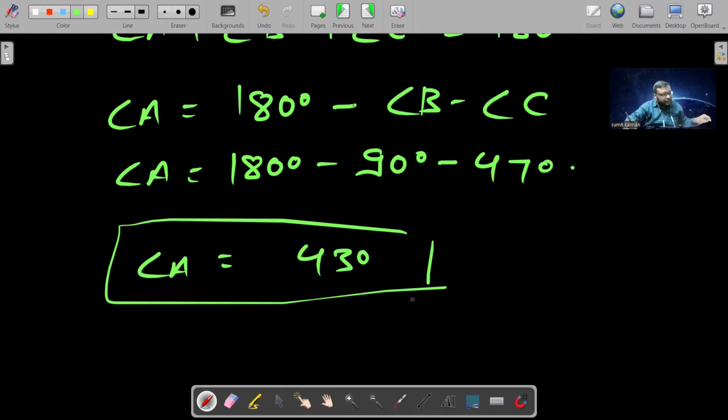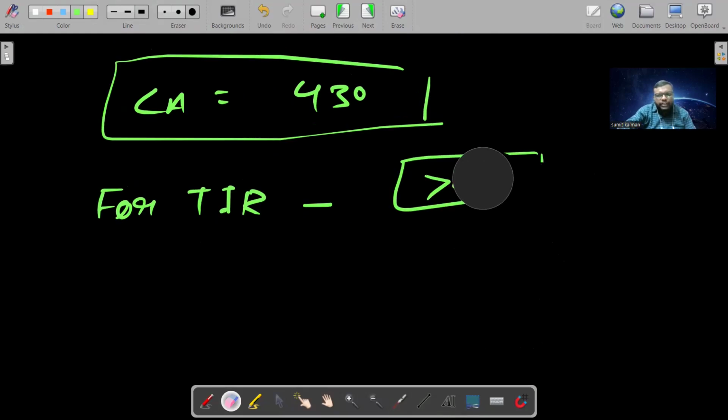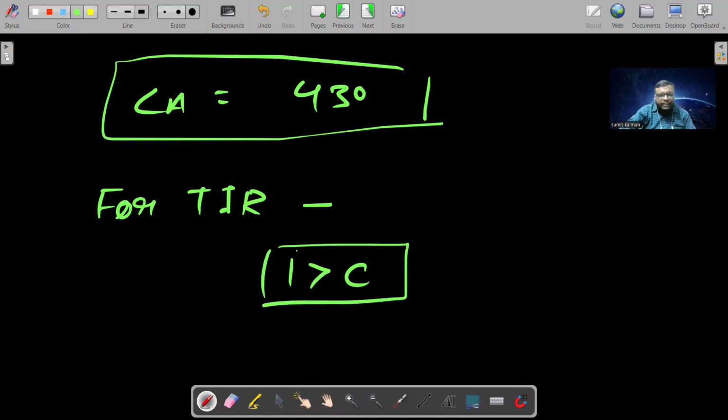And students, here we have calculated the second part, and for the third part, they are asking which color should replace the blue color for the ray to undergo total internal reflection. Students, for total internal reflection, the angle of incidence should be greater than the critical angle.